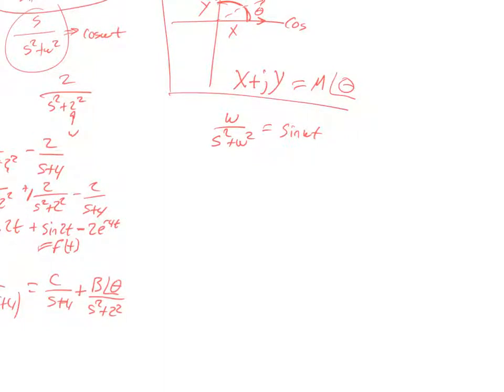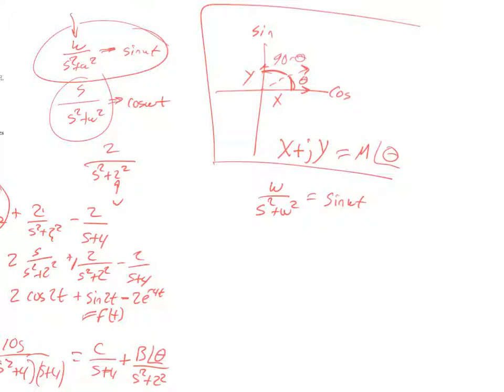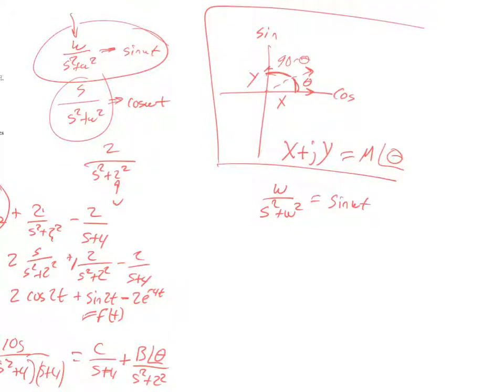If I can recognize that the sine of omega t and the cosine of omega t that I had, if I can combine them and reference the sine axis here, then essentially all I need is that b at an angle of theta term, which is going to be the combination of the x plus jy. So our original one, we had 2 cosine.